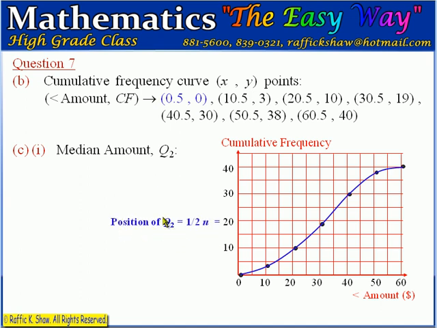The position of the median amount spent is half of n, half of the total frequency, which is 40, and that is 20. Therefore the median amount spent corresponds to the amount spent by the 20th student. To find it, we simply come across on the graph and read down.